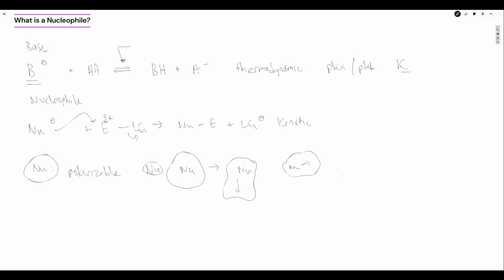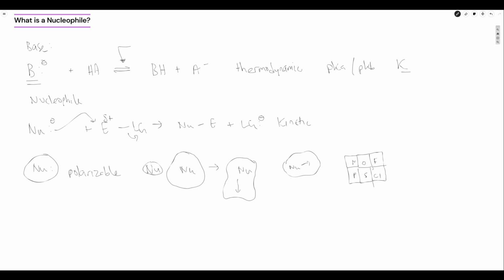And so a good nucleophile is generally going to be something with a large electron cloud. If we look at periodic properties on the table, let's imagine we have oxygen and sulfur. Here's a good example. And actually the one next to it is a pretty good example too: nitrogen and phosphorus. And we can extend this: fluorine, chlorine.